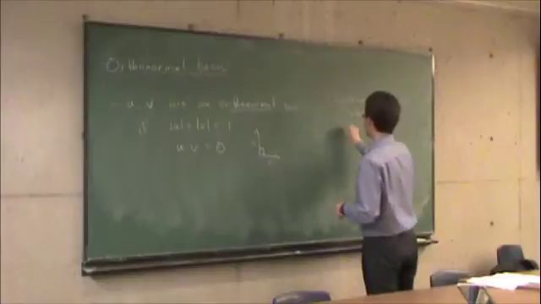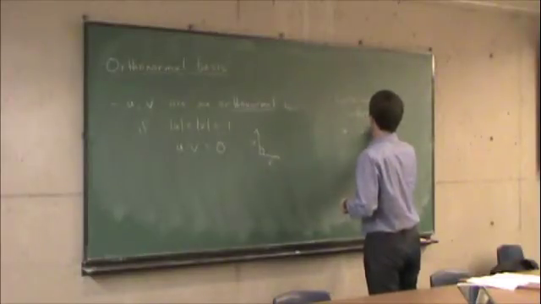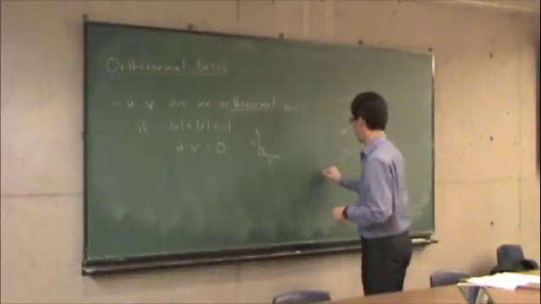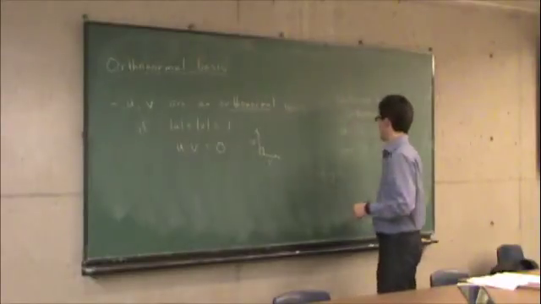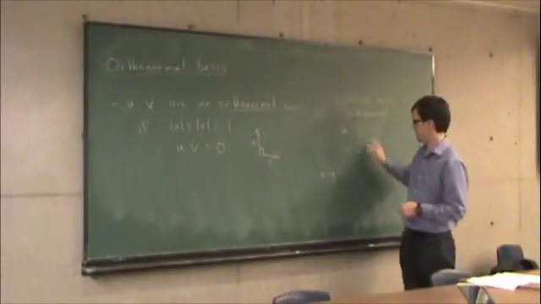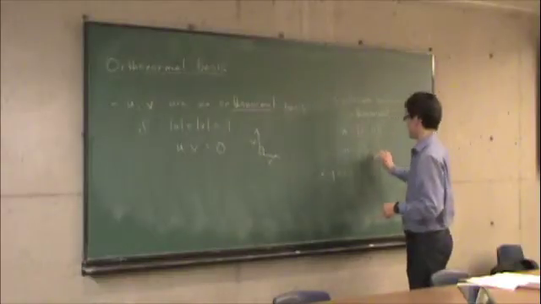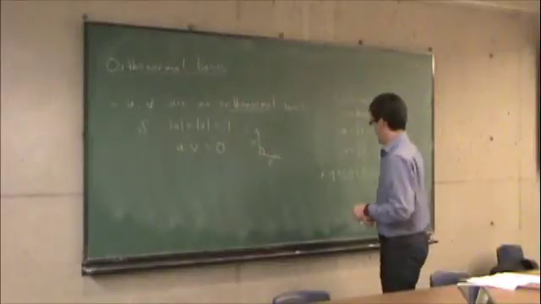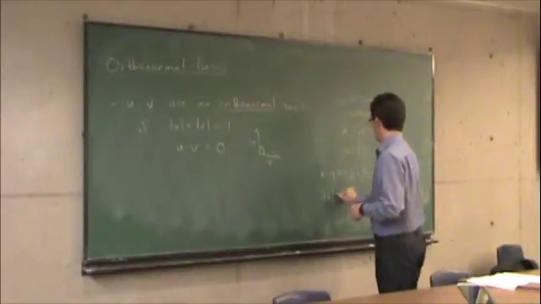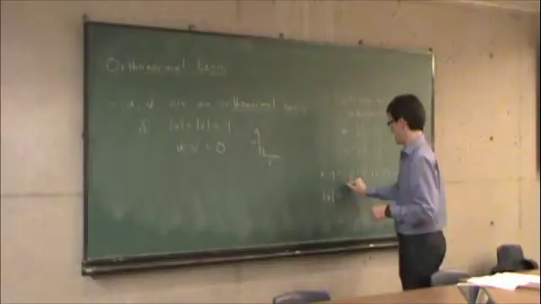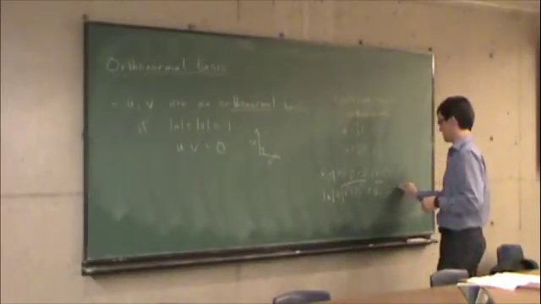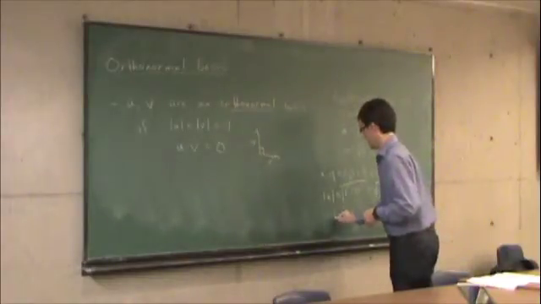Remember the Cartesian basis: x, which is (1, 0), and y, which is (0, 1). Firstly, let's show x dot y is 0. x dot y is 1 times 0 plus 0 times 1, which is 0, so that's okay. The norm of x is the square root of 1 squared plus 0 squared, which is the square root of 1, which is 1. Same thing for y.